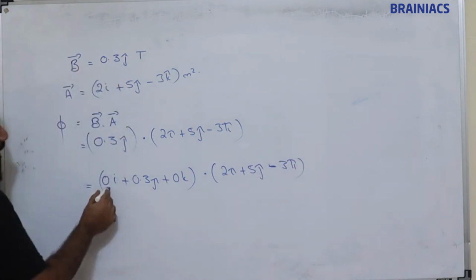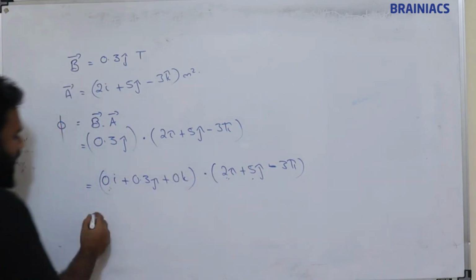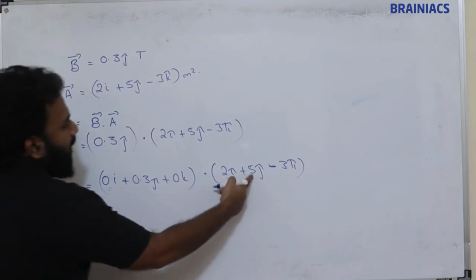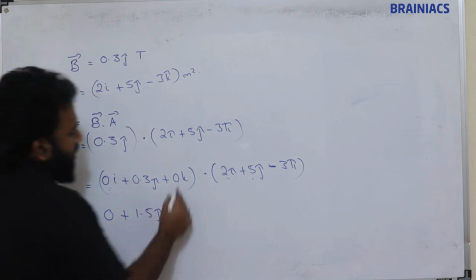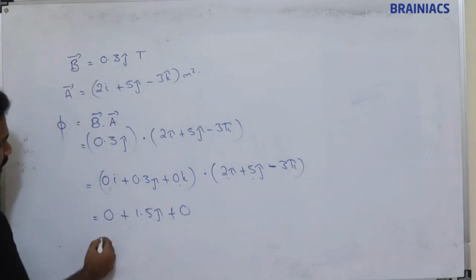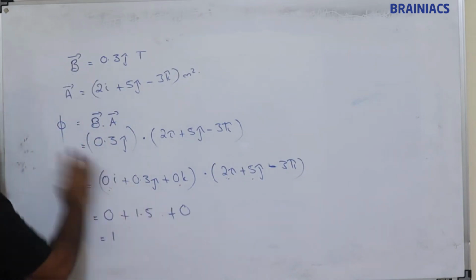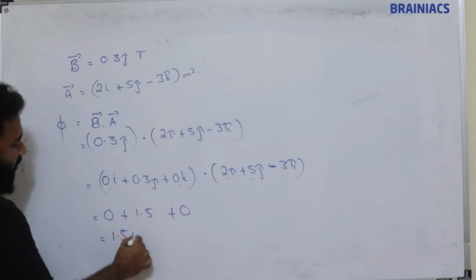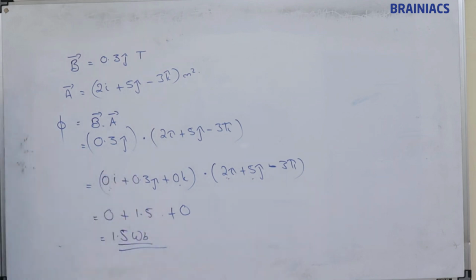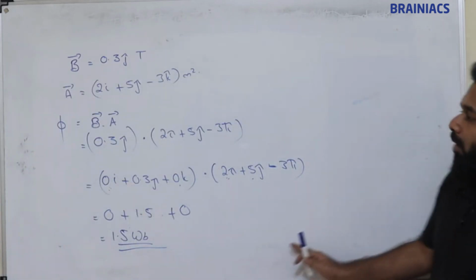We know in dot product only respective terms are multiplied. So 0I with 2I becomes 0. 0.3 into 5 is 1.5. The other term becomes 0, and there won't be any direction. So phi is 1.5 Weber. This is the answer for this question. You should know the formula and how to do the dot product.